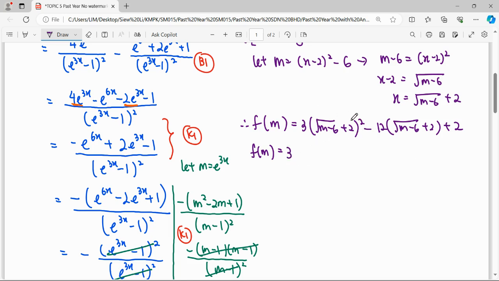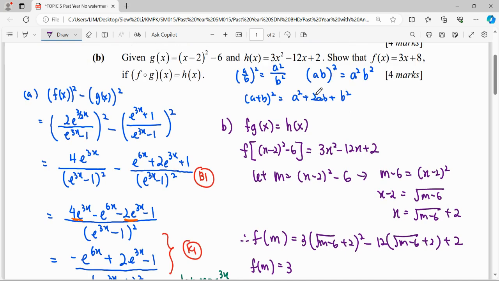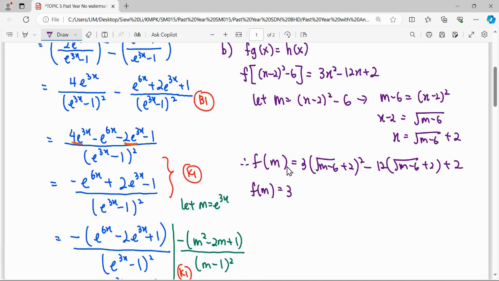To square this, again it will be a squared, 2ab, plus b squared. So a squared will give you m plus 6. 2ab will become 2 times 2, 4, square root of m plus 6. b squared is 4. Then we expand this, negative 12, minus, and we expand for 3.